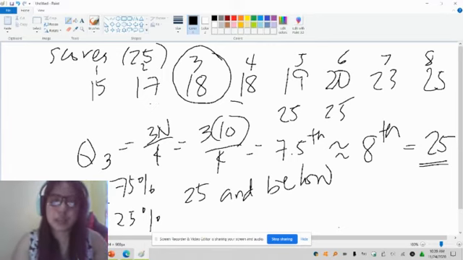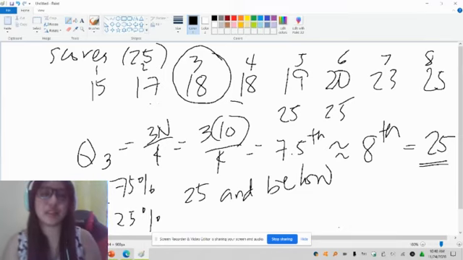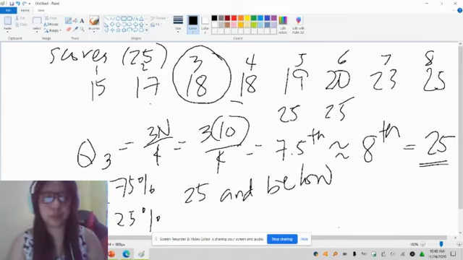I repeat, the interpretation for Q sub 3 is that 75% of the students obtained a score of 25 and below, and the upper 25% obtained a perfect score, which is 25.